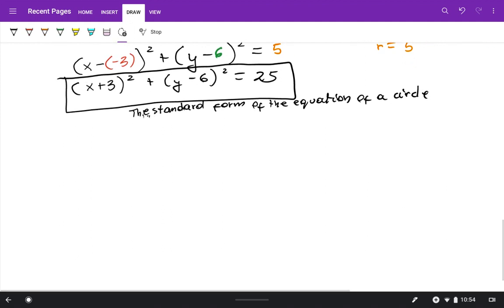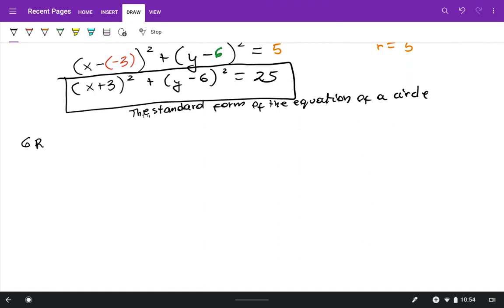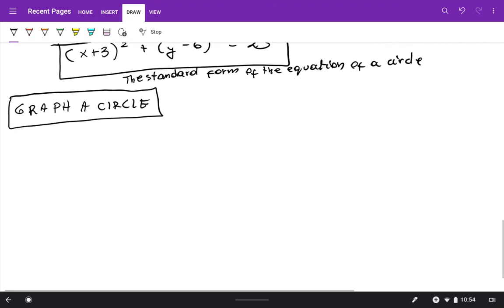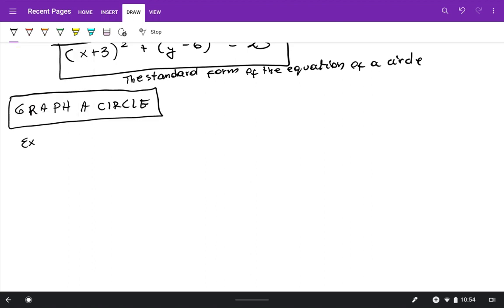Now we're going to graph a circle. We're not going to spend too much time on graphing circles. That's the second objective. Graph a circle. Of course, on your homework and on a test, you're going to use MyMathLab. So practice graphing circles. I'm just going to do that by hand. So let's do just one example.